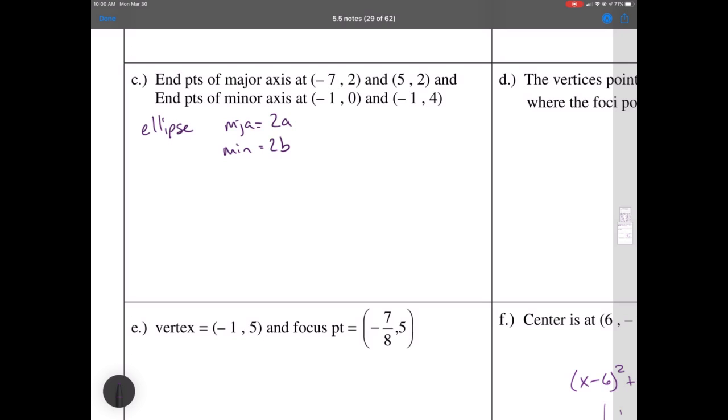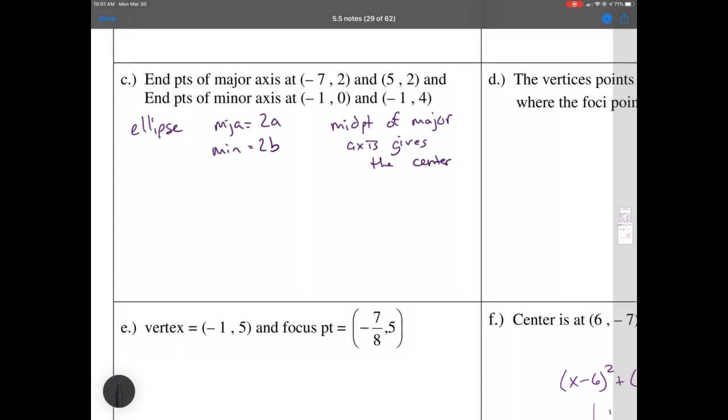So you would need to find the distance between the major axis and the distance between the minor axis to find out what A and B are. Once you know what A and B are, you can find the midpoint between the two, and that gives you your center point. Gives you the center point, and then you can write your equation from that.